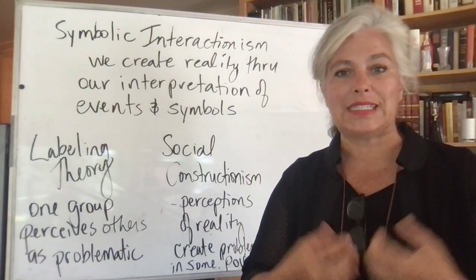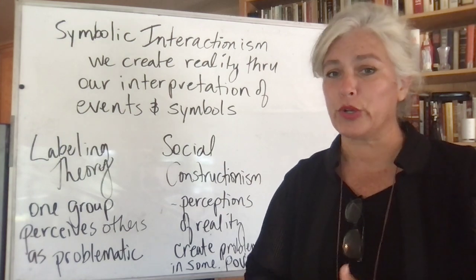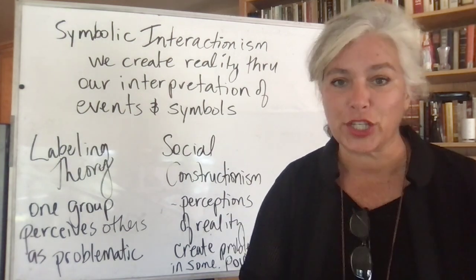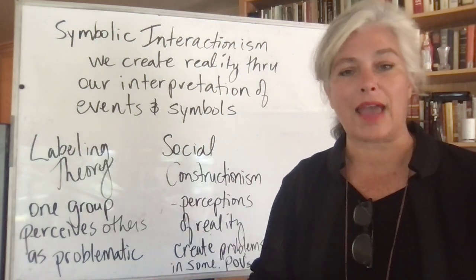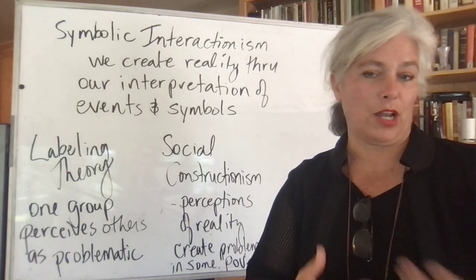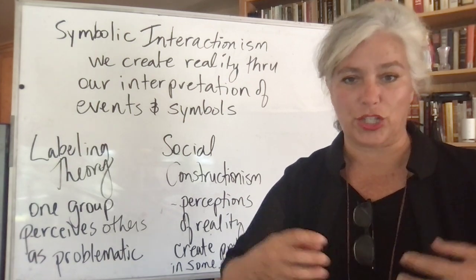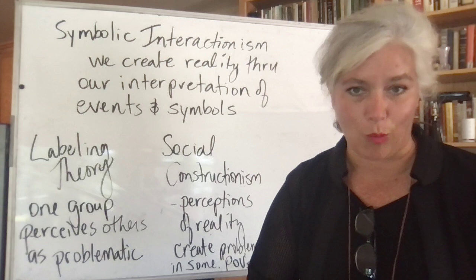Essentially, those theorists say that through interpretation of symbols, through interaction and interpreting the situation, making a definition of the situation, people create social life, society on the macro scale from the bottom up. They create reality simply by interacting with each other and establishing meaning in life that way.